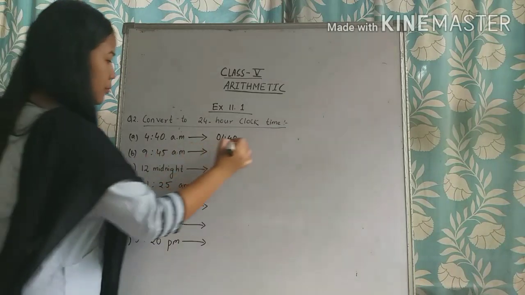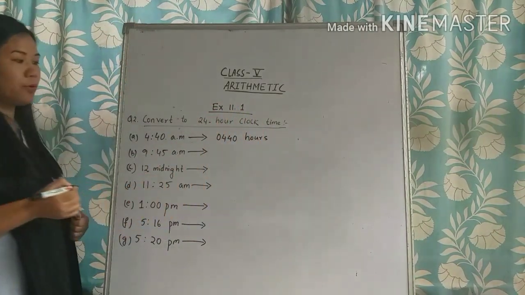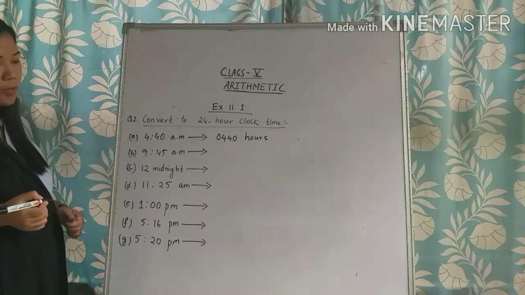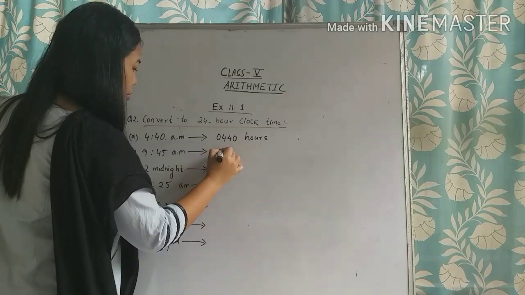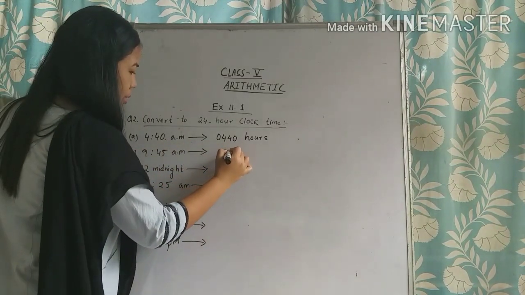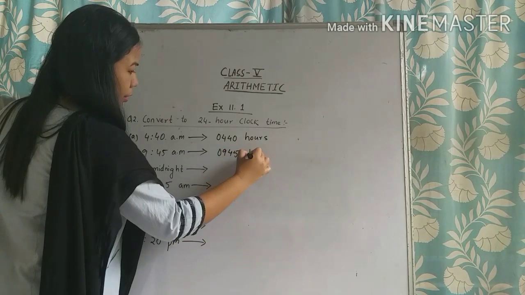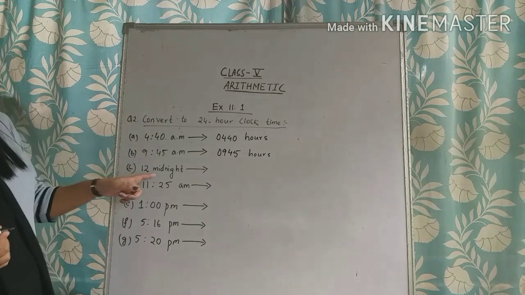So 0440 hours. 9:45 a.m. So this also we can directly write, as in hours it is only 9. So we will write 09 and 45, 0945 hours. Clear?